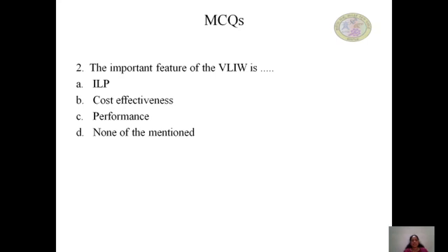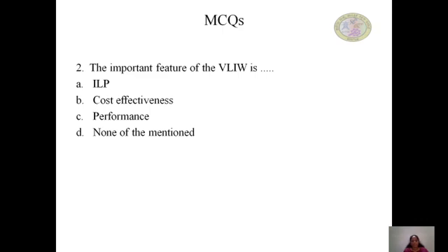The second question: the important feature of VLIW is option A, ILP, that is instruction level parallelism, option B, cost effectiveness, option C, performance, and option D, none of the mentioned.